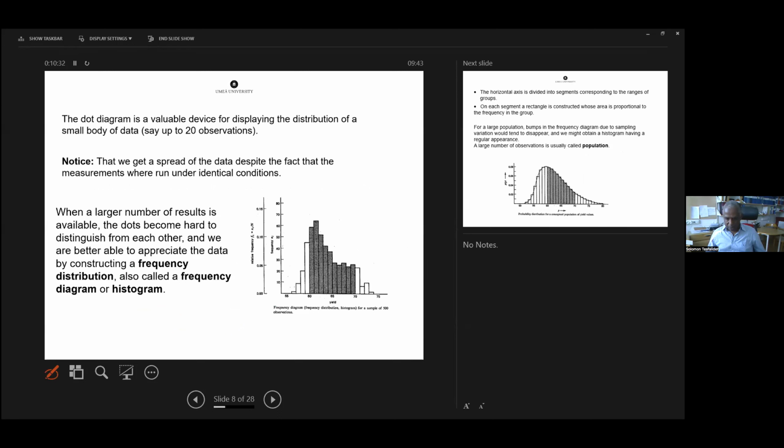What we have here is values between, let's say, 56 and 57 here. Let's see, I can use the laser pointer here. Values between 56 and 57, 3 values there.